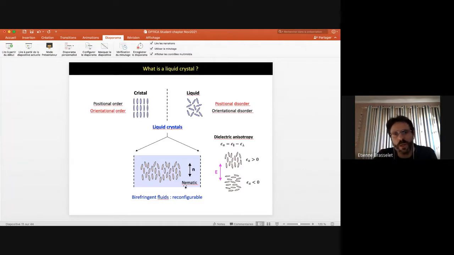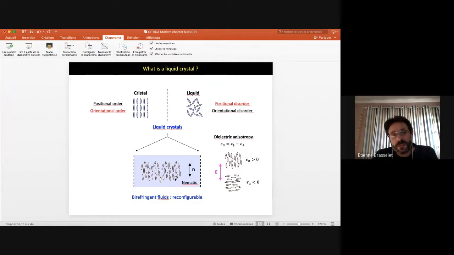That's why there is a double arrow here. It's a kind of stick, if you want, which is called the director, and I will use this vocabulary. It is usually called n, the unit vector n, which defines locally the average of the orientational order of the molecules. So the material is at the macroscopic level described by a field, the director field n, that can vary in space, but also in time.